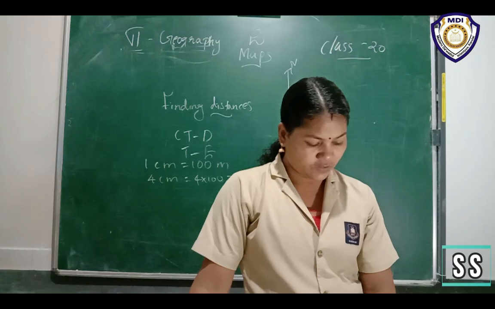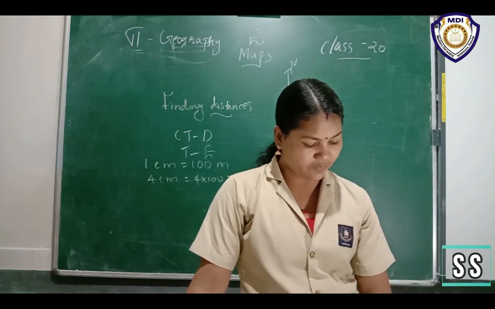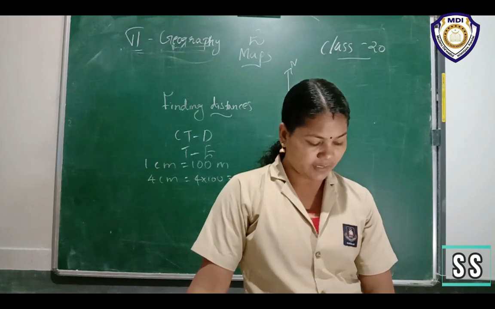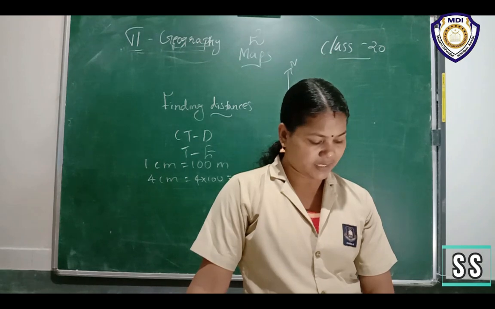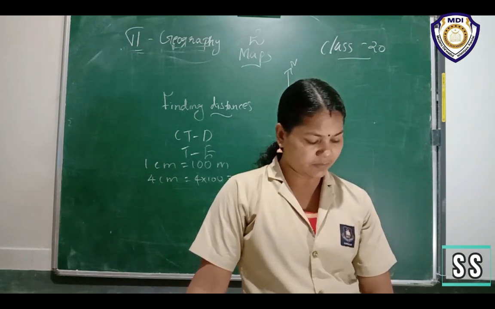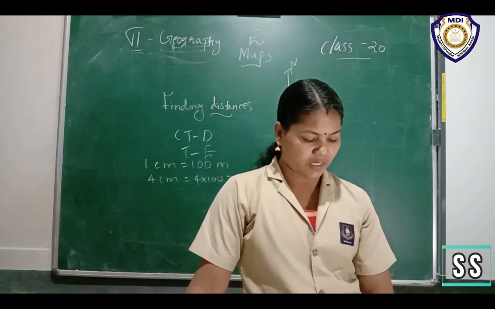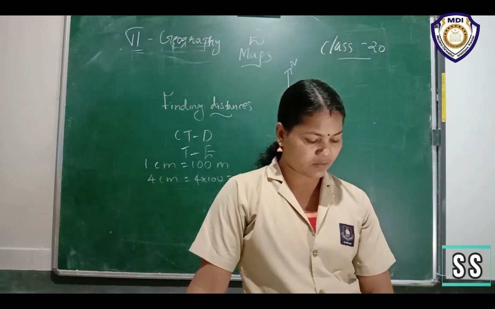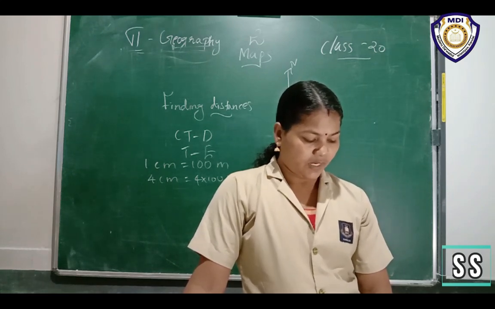These points are the traffic light B, C and the clock tower D. Measure the distances AB, BC, CD and DG with the ruler. Add them to get the total distance. Let us say the total distance is 11.2 centimeters. Since 1 centimeter on the map represents 100 meters on the ground, the distance is 11.2 into 100 meters.